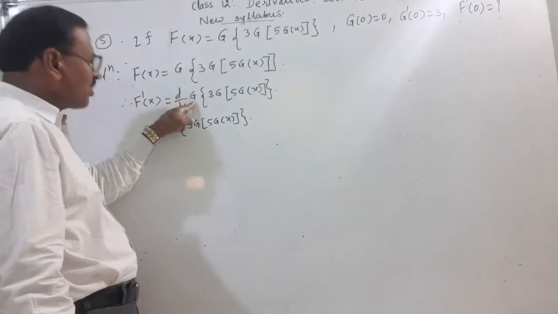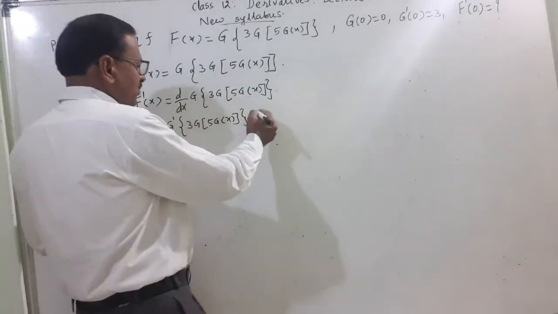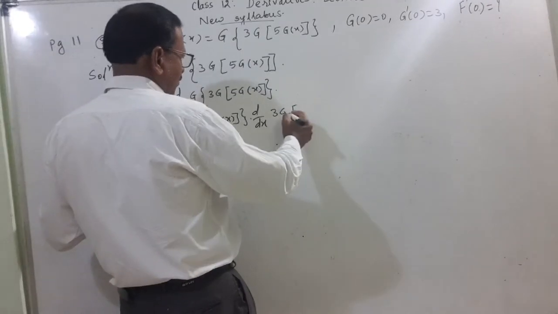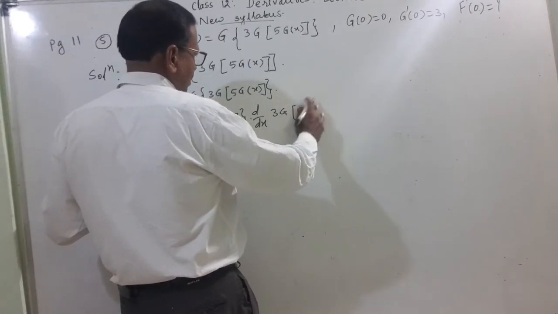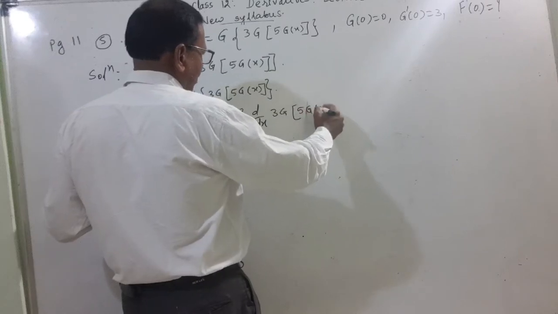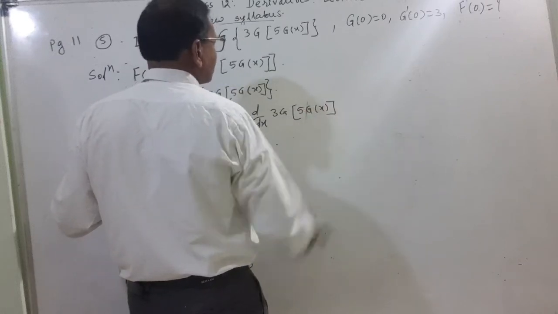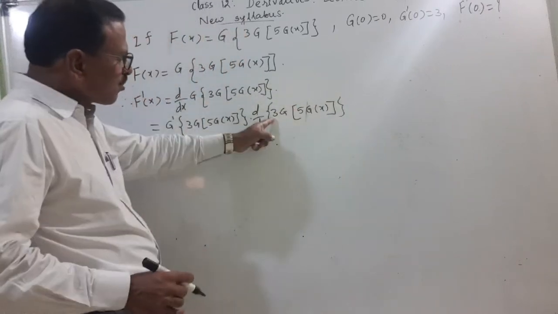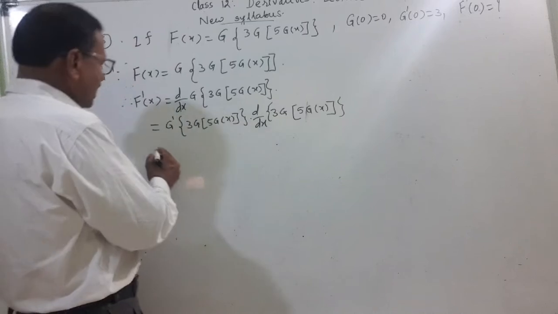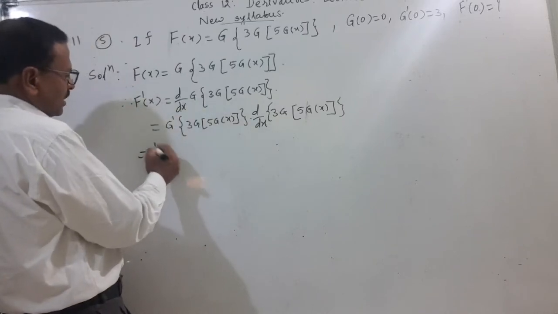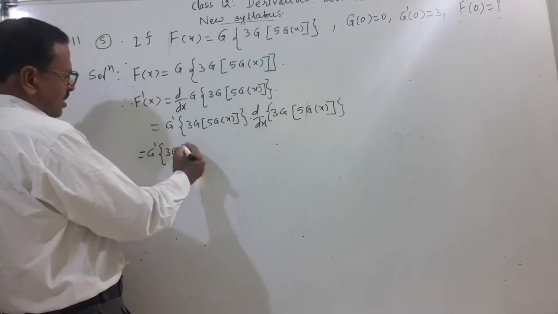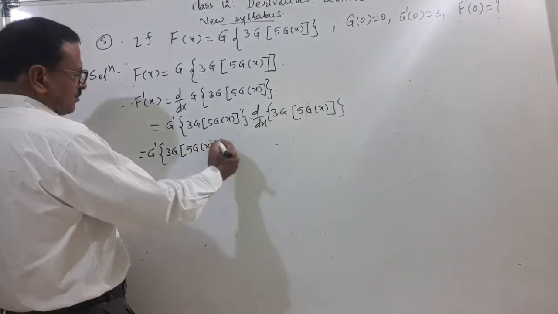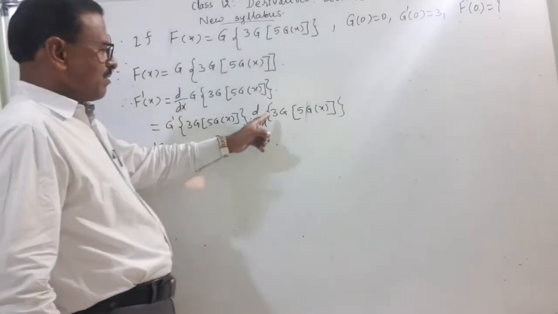Now the derivative of this part into d by dx of 3g of 5g of x. This derivative I am going to take. Now the coefficient is taken out. That is equal to g dash of 3g of 5g of x into this.